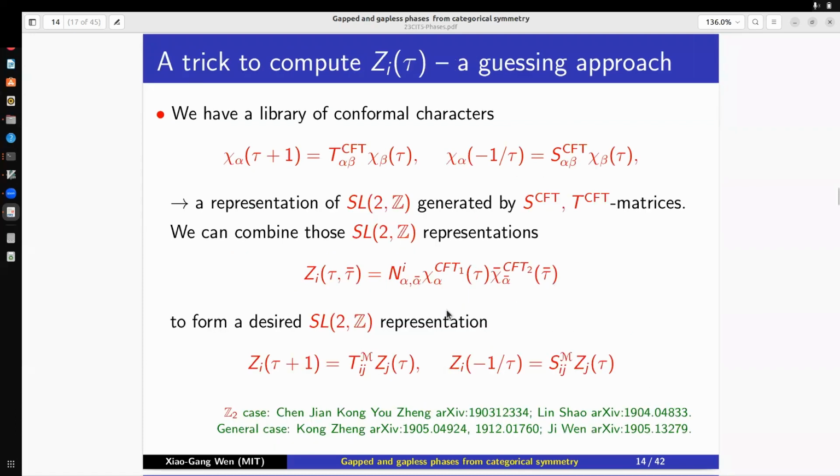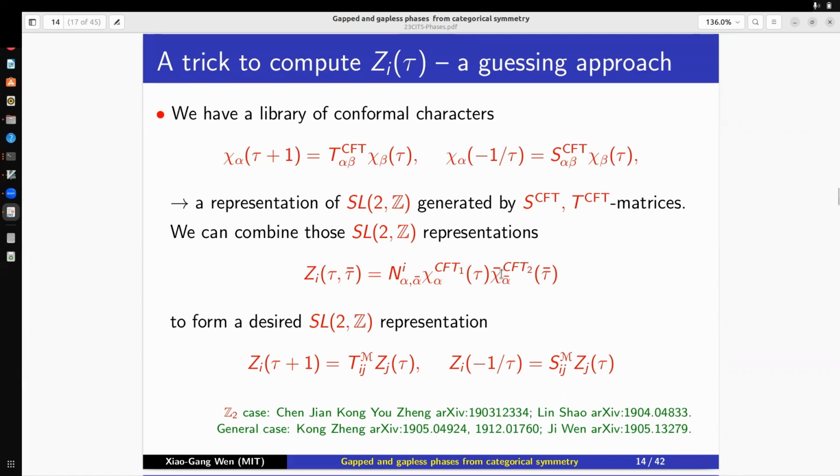Using this library of conformal characters, we pick two, one for the right mover and another for the left mover, then put them together using some kind of Clebsch-Gordan coefficient, a coefficient to combine two representations. Each conformal character is a representation of SL2Z.